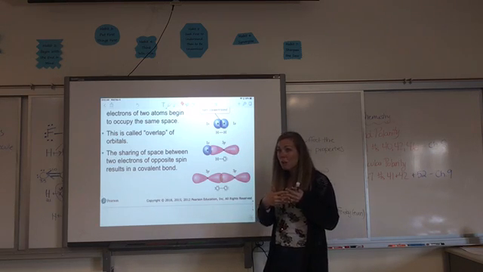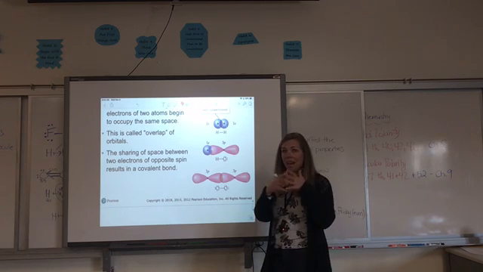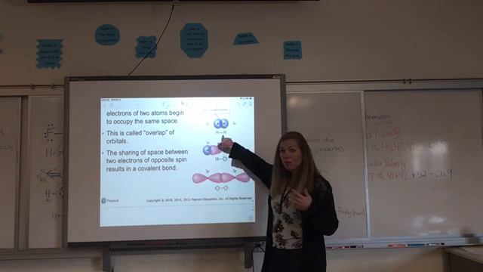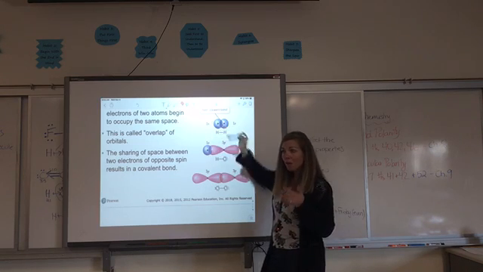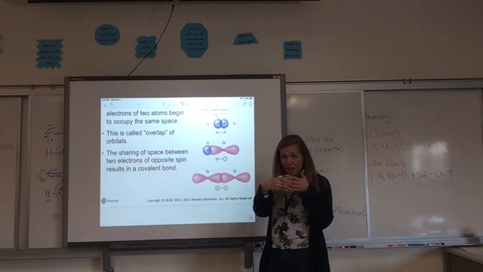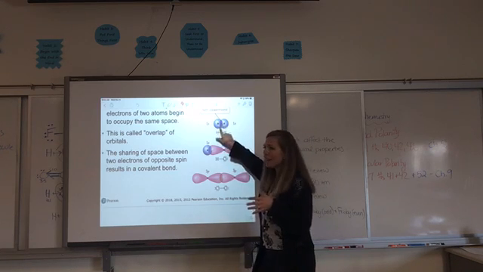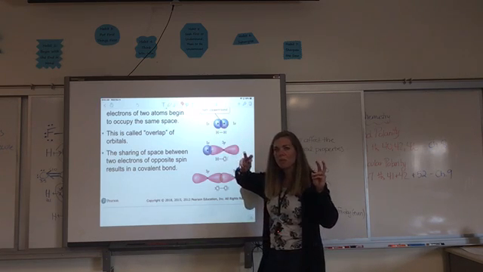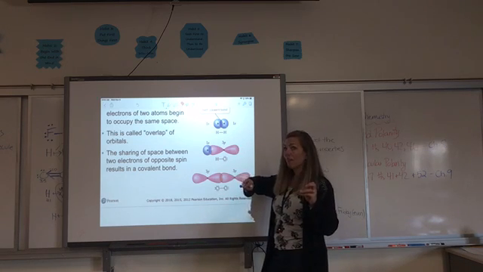So, the 1s, 2s, 2p stuff that you learned, what's actually happening is when H2 forms, the 1s orbital of one of them overlaps with the 1s orbital of the other, and their orbitals share space, which is how that electron is able to be with both. Does that make sense?